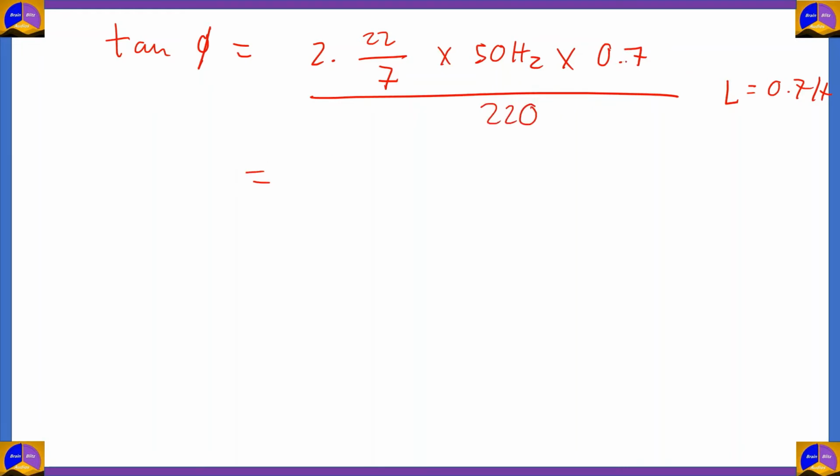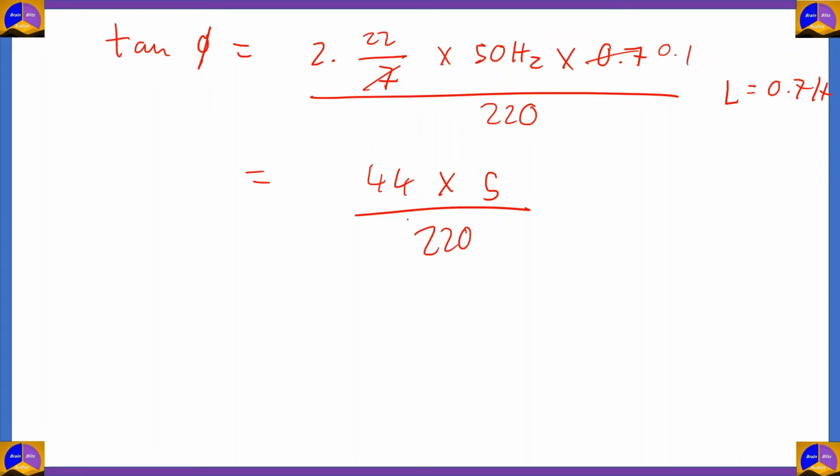So over here, 7 times 0.1 will be 0.7, so we can cancel those out. We have 0.1. And then 2 times 22 will give you 44. 50 times 0.1 is equal to 50 into 1 by 10, so 50 by 10 is equal to 5. The whole divided by 220 ohms.